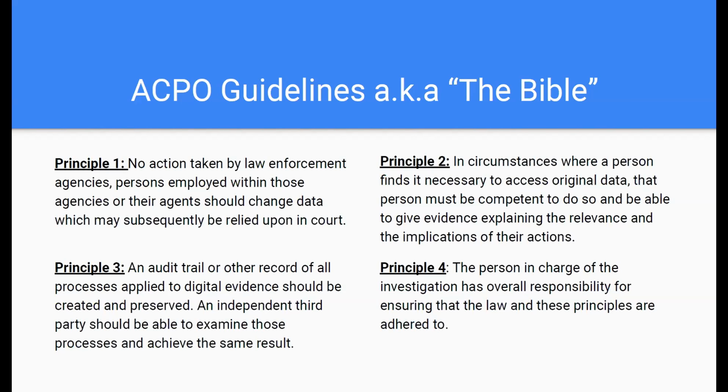Second one, in circumstances where a person finds it necessary to access original data, the person must be competent to do so and be able to give evidence explaining the relevance and the implications of their actions. So the core requirement is you have to know what you're doing. You cannot just randomly handle the data and be expected to be given an okay. You have to be qualified.